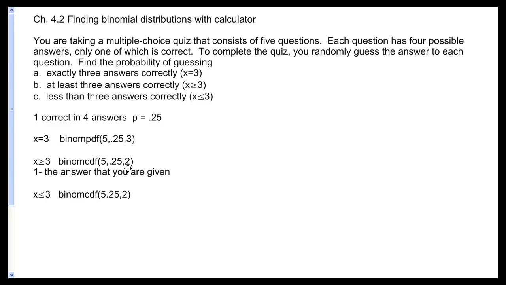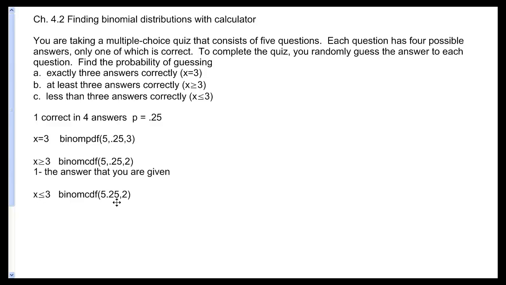So 2 is going to be my upper limit, and then I'll take the answer I get and I'll subtract it from 1, because every probability distribution has to add up to 1. So I can say 1 minus whatever that answer is, and that's going to give me the answer to greater than or equal to 3.